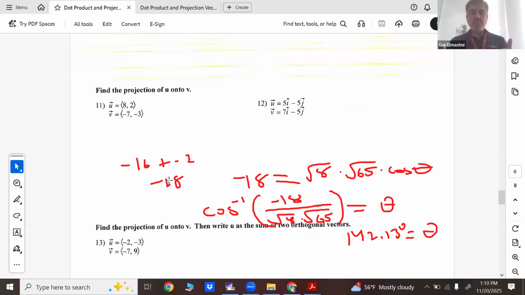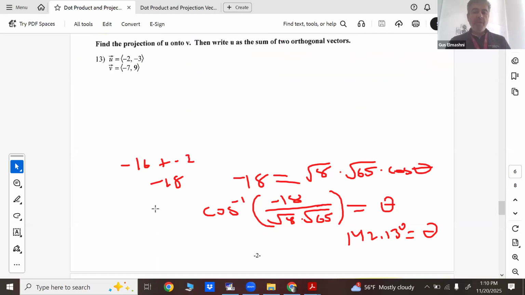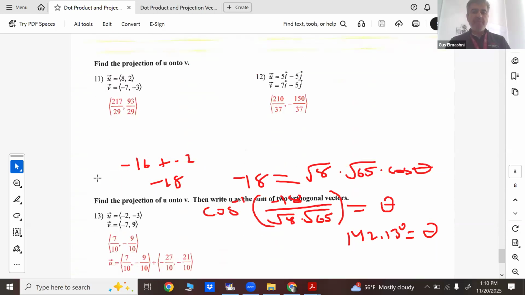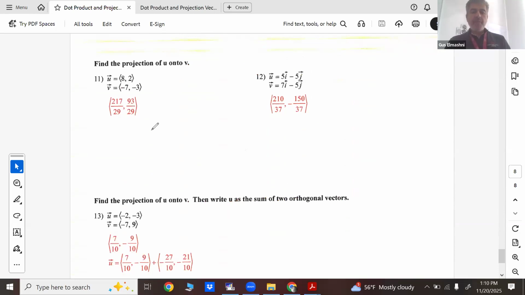Wait, the final answer for those two expressed in these vectors. I wouldn't be given the formula. Yeah, the formula, if you do it, will be the dot product over the magnitude of v squared, so you're projecting u onto v.